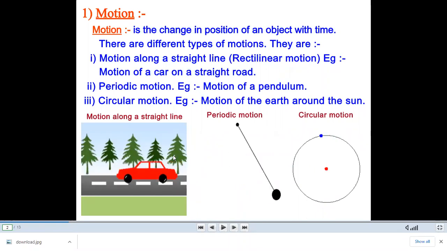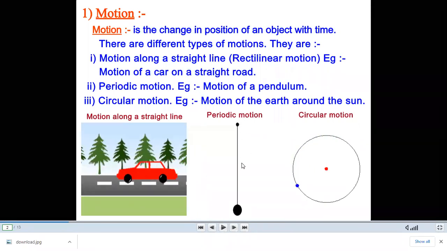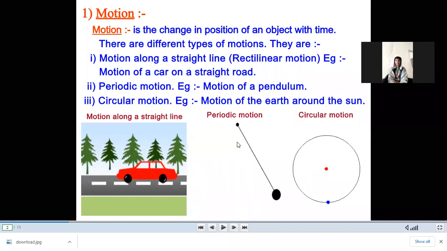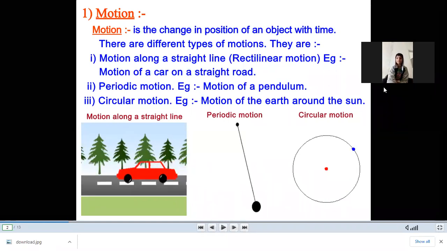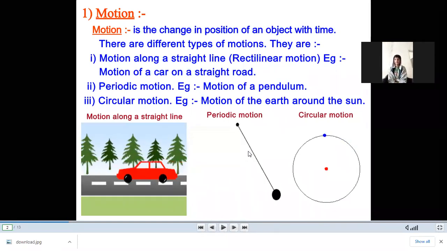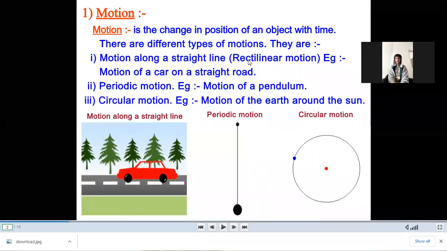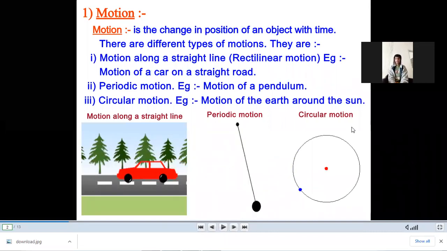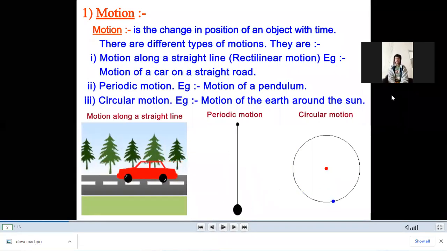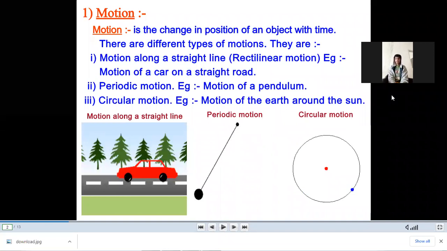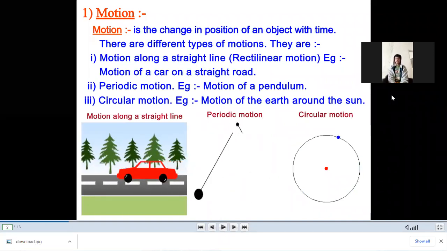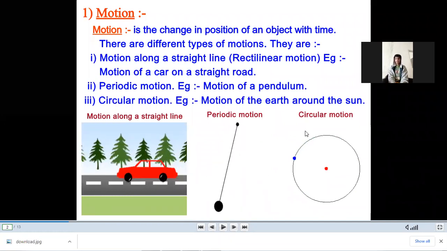Next, you can see a bob hanged from a fixed point with the help of a string. Now this is what kind of motion we have already done, that is periodic motion.